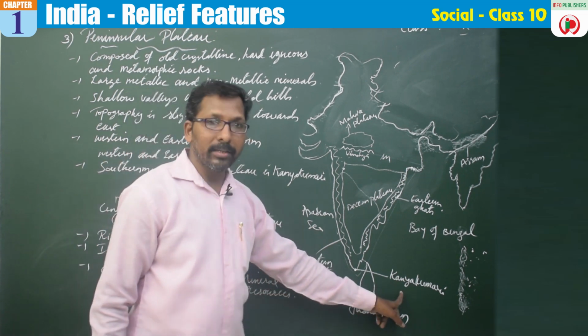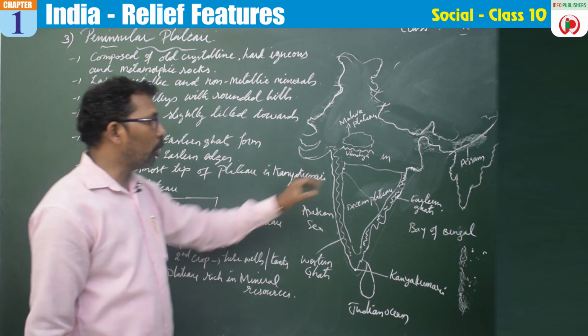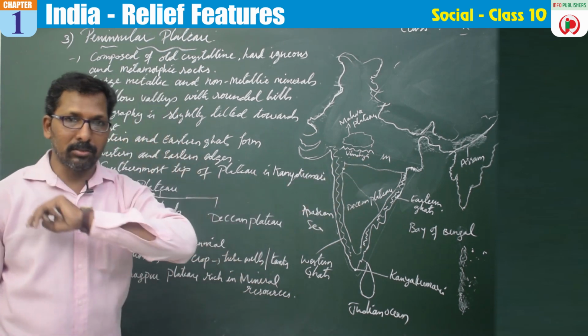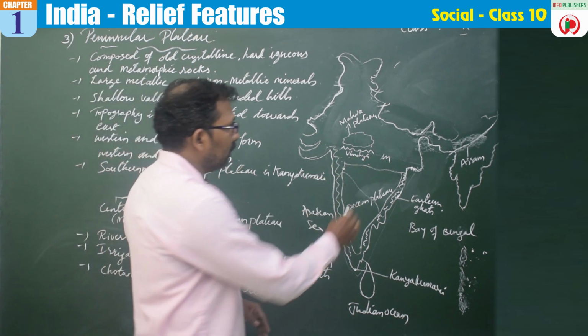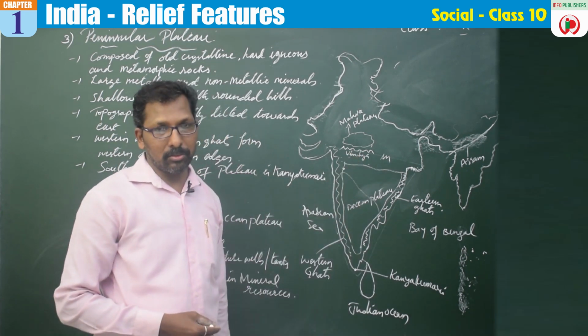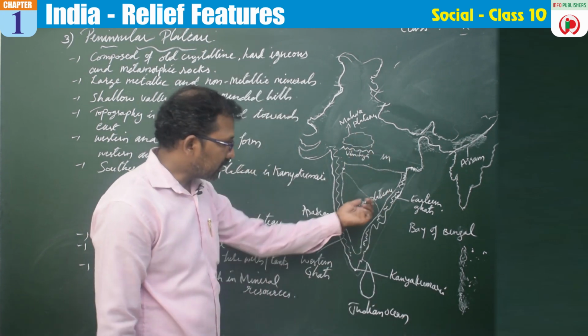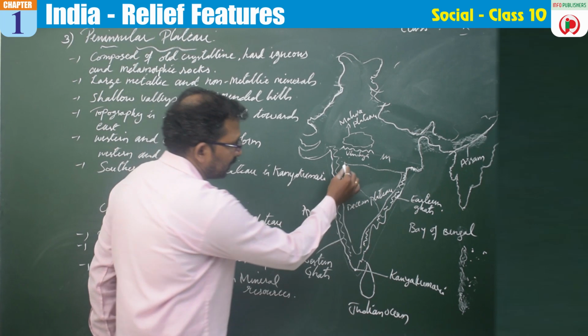And this particular plateau is divided broadly into two divisions. You can see here, the Vindhya ranges divide this Peninsular Plateau into two divisions. One is the Malwa Plateau, the second is the Deccan Plateau. So this is the Deccan Plateau, children.